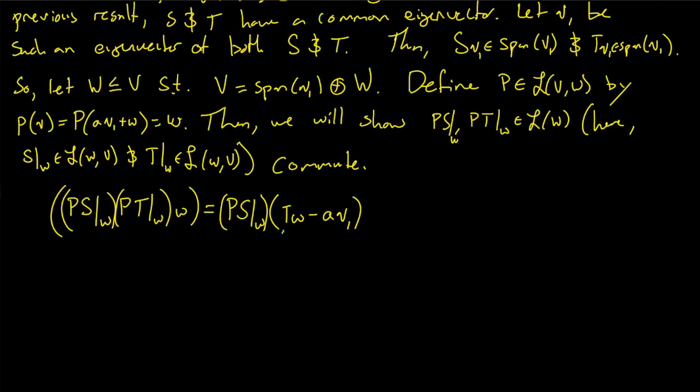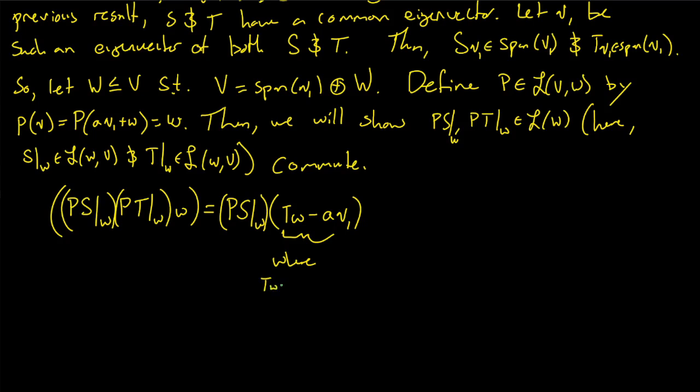Down here, I'm saying where, and this is the piece that maybe is a little bit weird. What I'm trying to say here is that Tw is equal to, so here I'll write it like this.